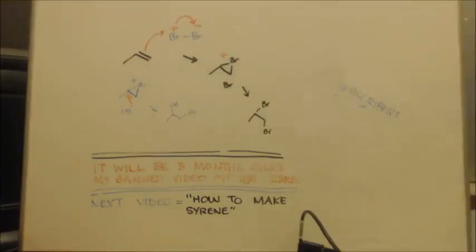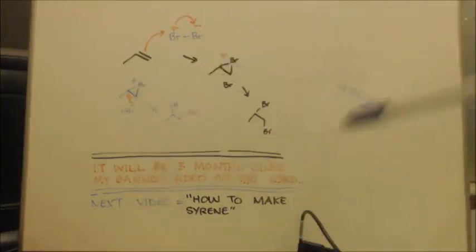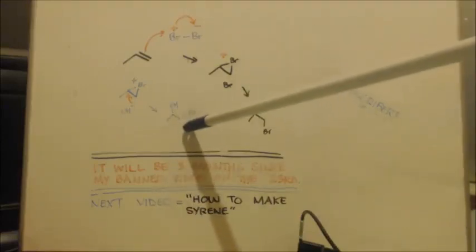They're helping to stabilize that positivity more than here. Because if you're a carbon that's on the end of the chain, you only have one carbon. If you're in the middle, you have two carbons, one on each side. And also those carbons have hydrogen, so that they could help too. Inductance, hyperconjugation. And then you end up with your halohydrin.